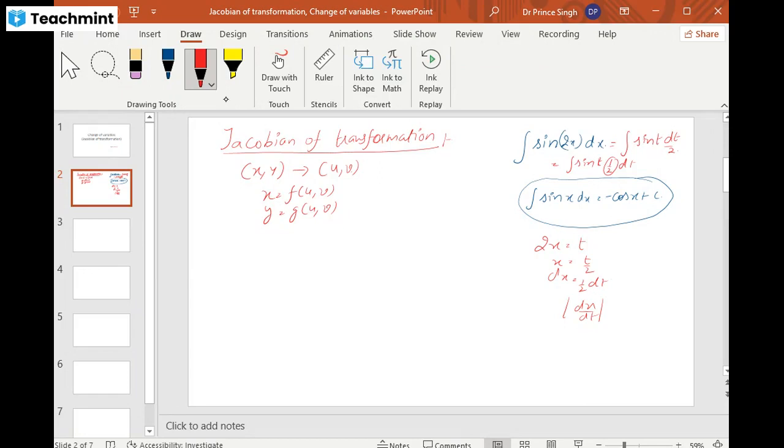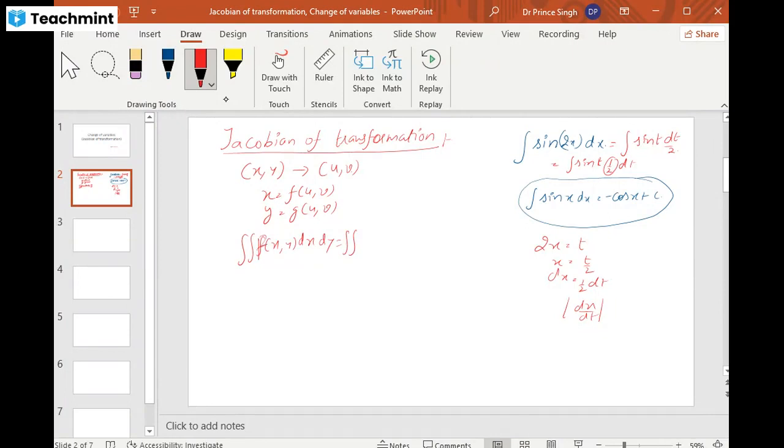In the same way, if we have a set of two variables, and I want to transform them into a new set of two variables u and v. For example, I have a function F of x, y, dx dy, and I am going to transform it into a new set of variables u, v by using such kind of transformations.